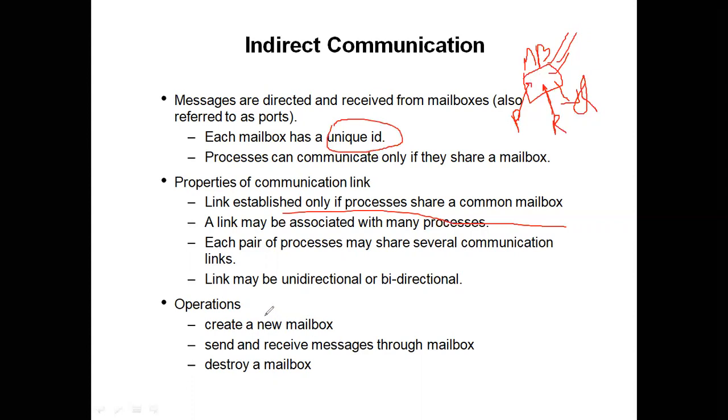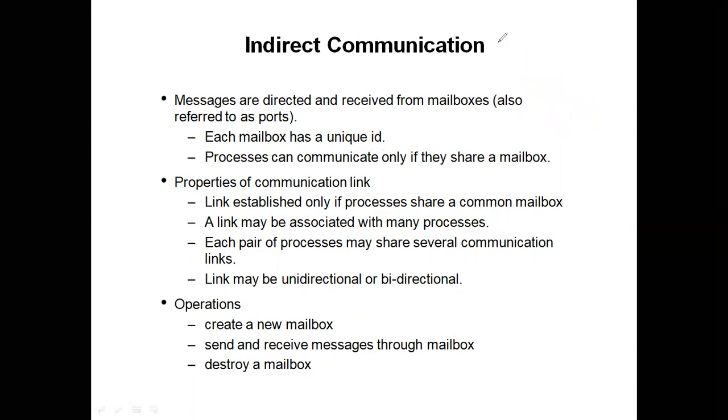Now, how does indirect communication take place? First, a new mailbox is created. Then the processes send and receive messages through this mailbox, and after the communication is complete, the mailbox is destroyed.